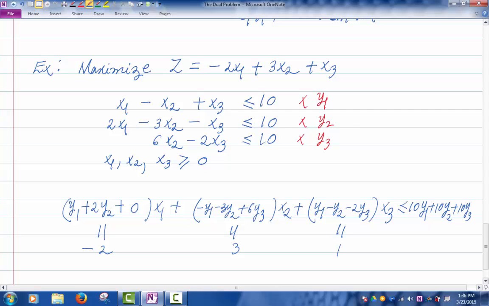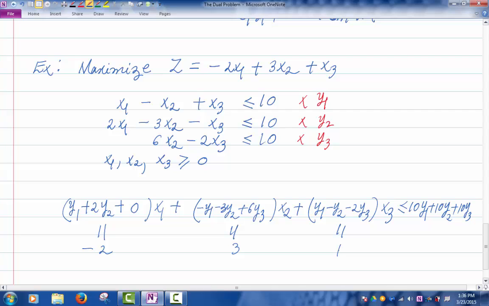Now, can someone see why I cannot do that? Why isn't there any combination of values of y1, y2, y3 that will satisfy that? Why can't I get negative 2, 3, and 1 as the coefficients of x1, x2, x3? Can the y value be negative? No. Remember, we want y1, y2, y3 all to be non-negative, because if any of them are negative, then you have to flip the inequality, and then you get into trouble.